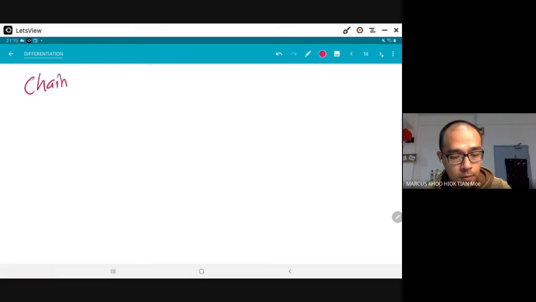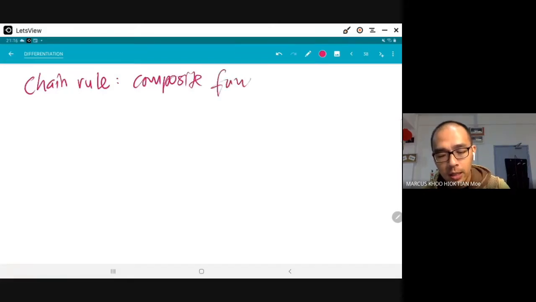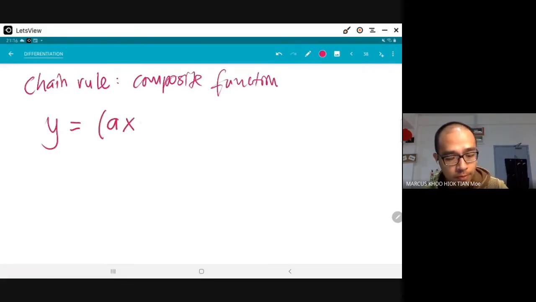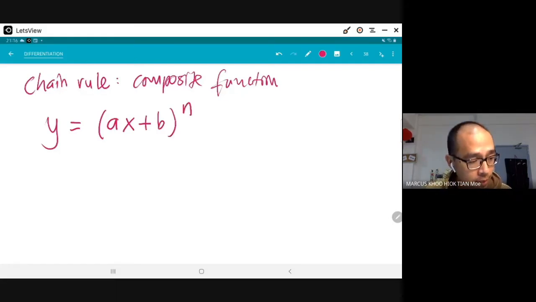And this works with composite functions. So when you have composite functions, the chain rule works this way. Let's say y equals (ax plus b) to the power of n.